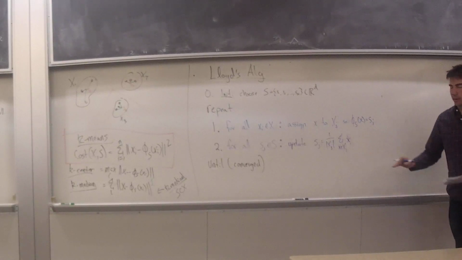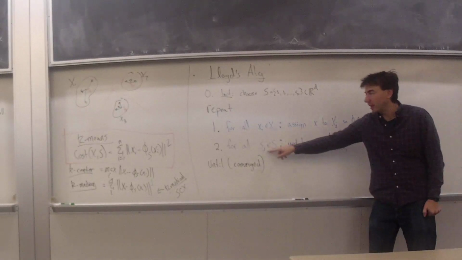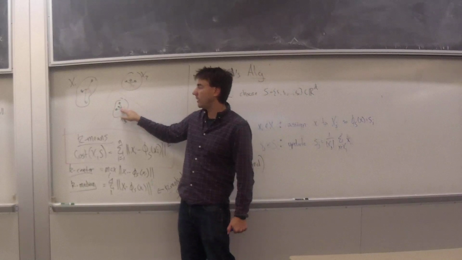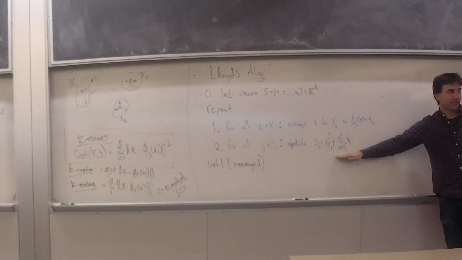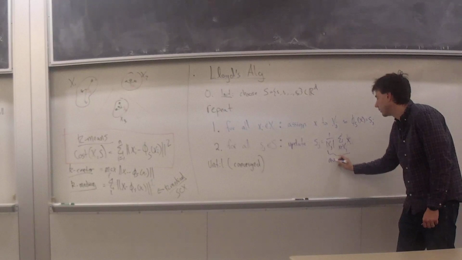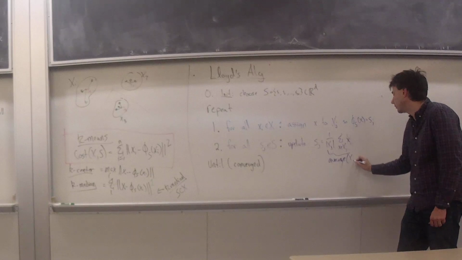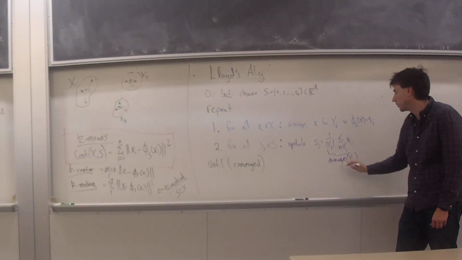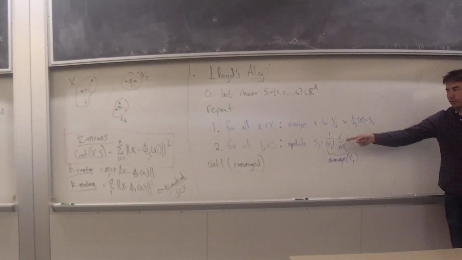Okay, so I just do this simple update step where the center, right, one of these points here, is moved to the average of all the points assigned to me. This is an average of xj. Okay, so I can average coordinate-wise, and putting that together gives me the overall average.